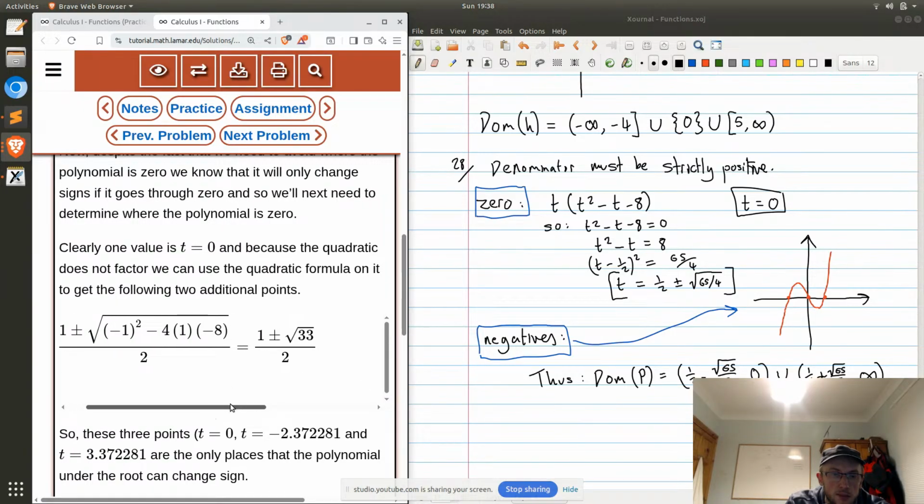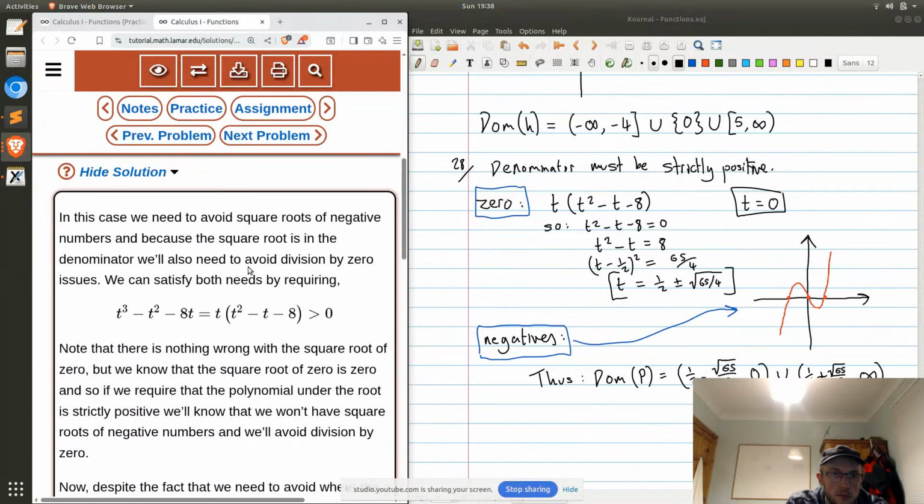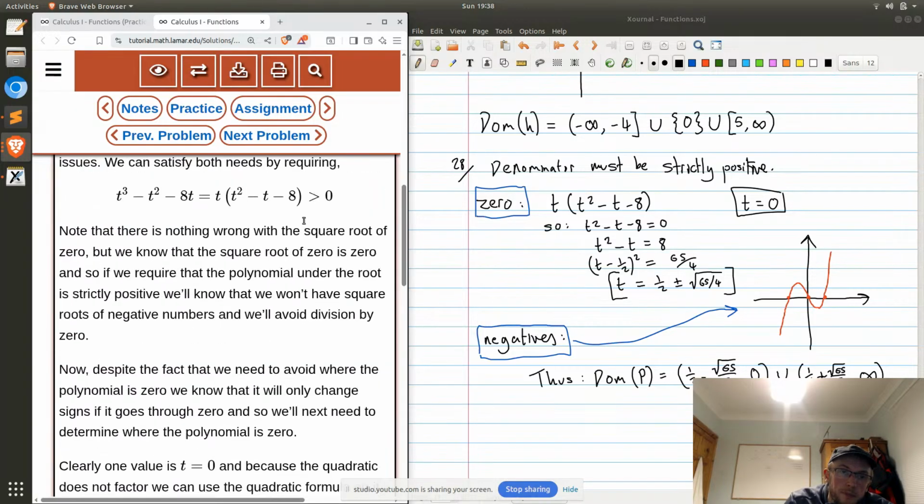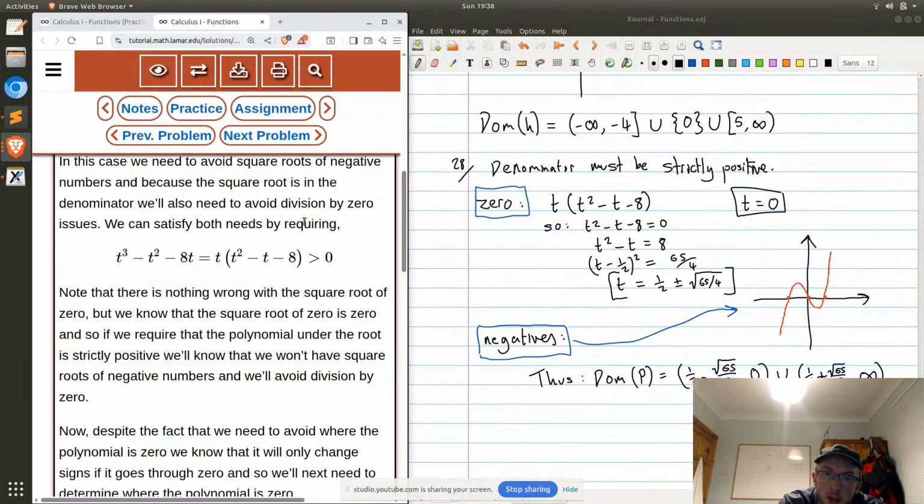I continuously mess up the arithmetic of completing the square, don't I? Right. Gotta get it right. 8 over there, minus a half of that.